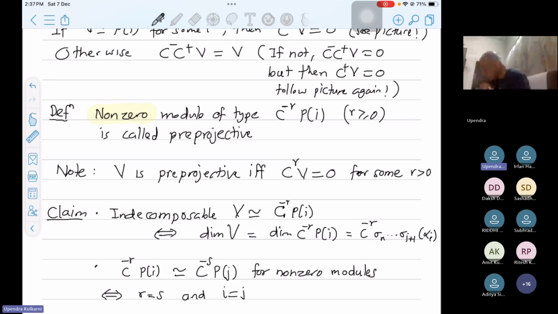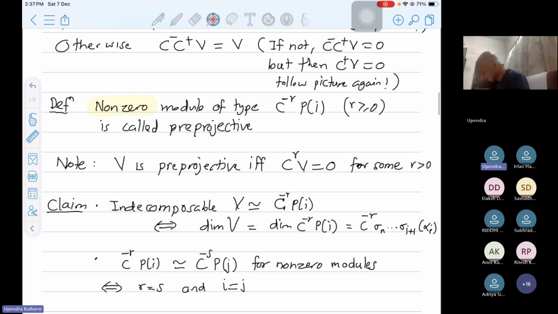So if I start with two different vertices and take the corresponding projectives Pi and Pj, and if I apply some negative power of the Coxeter functor to each one, and suppose I get non-zero modules, and suppose they're isomorphic, then I'm claiming that it just cannot happen. You must have started with the same i and j, and this r and s must also be the same.